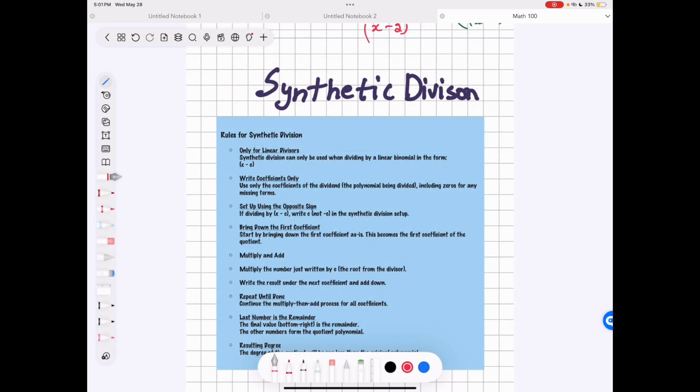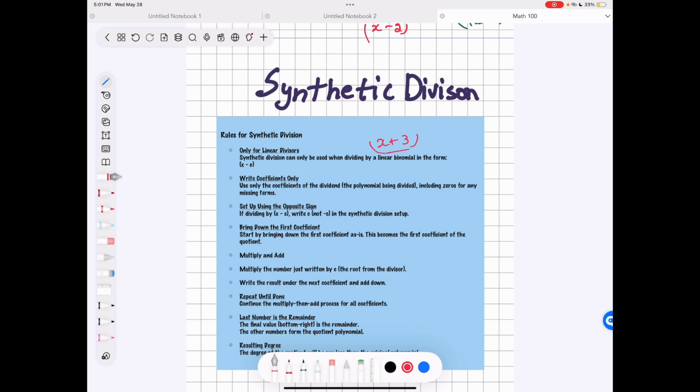Now we will learn how to do synthetic division. Here are some rules about synthetic division. This only works on a linear divisor. A linear divisor we can say is x plus 3.